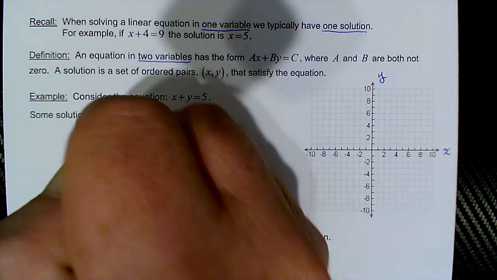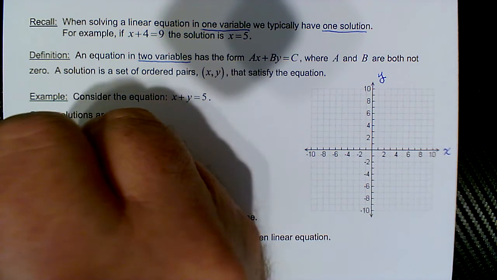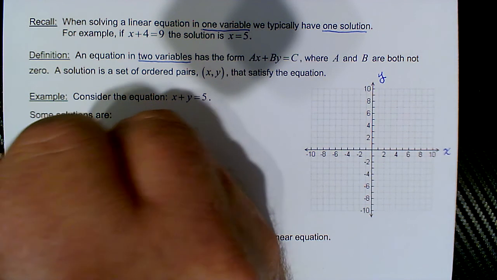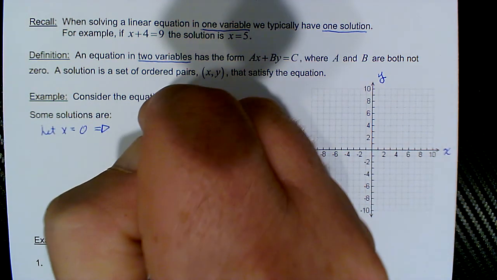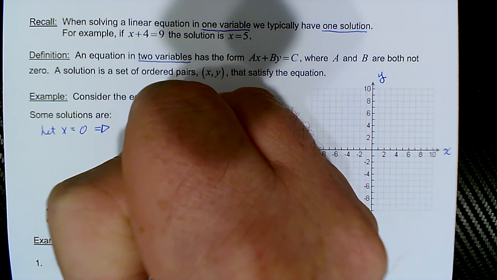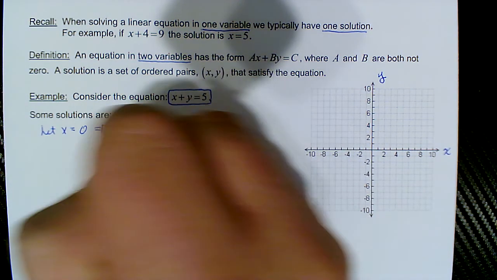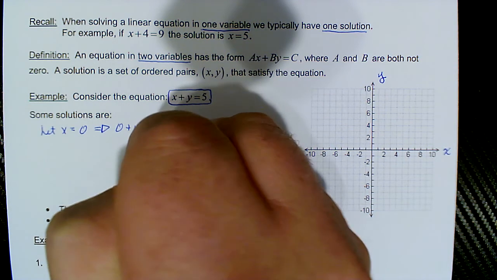So let's just simply say that we're going to let x equal, you know what a good choice for x is at all times? 0. If x is 0, then if we substitute into the equation, this is always the go-to equation, we'd have 0 plus y equals 5.